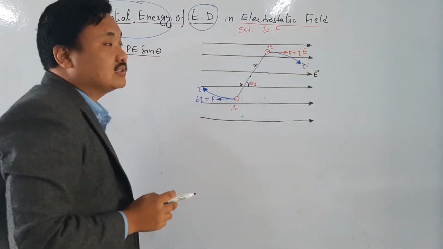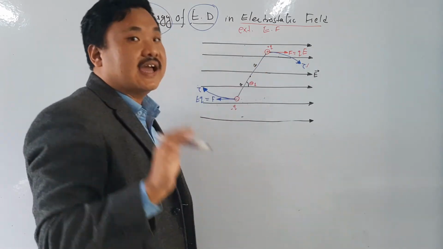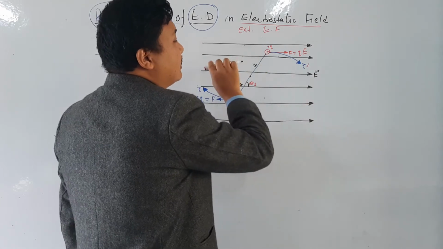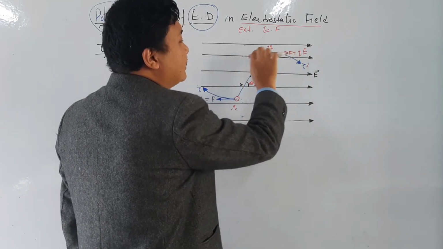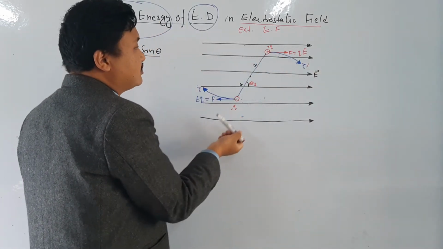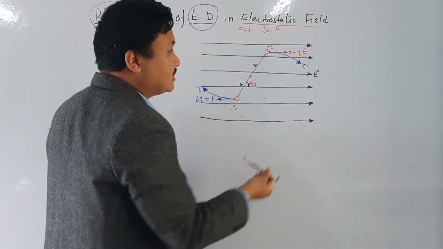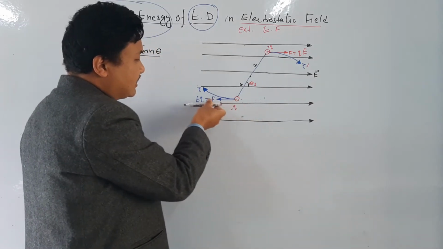Why in this fashion? Because the force on positive charge is along the direction of electric field. So electric field is in this direction, so force will be also in this direction. And for negative charge, force will be opposite to the direction of electric field, so the force will be acting in this side.